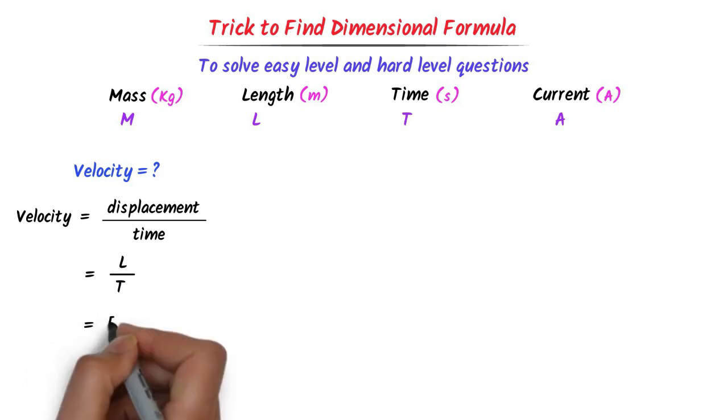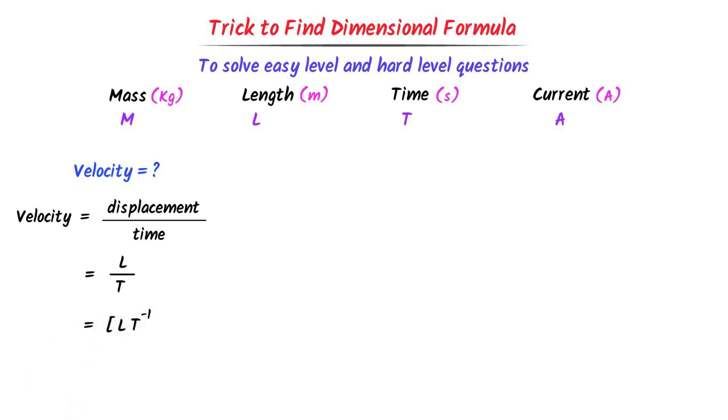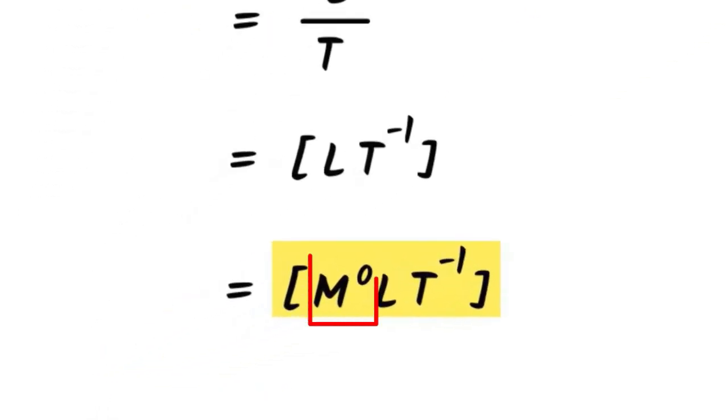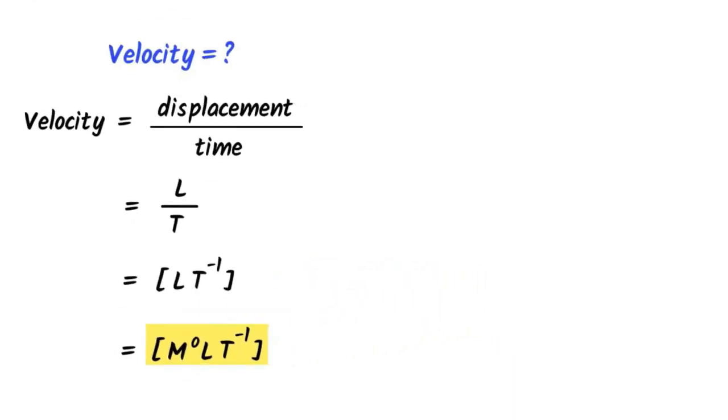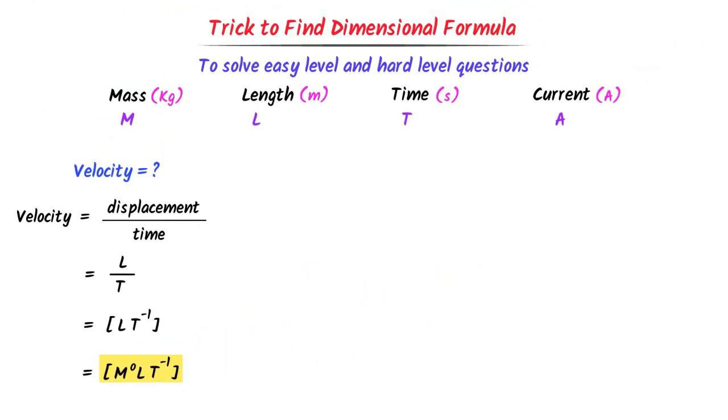I get [L T^-1], or I write [M^0 L T^-1]. Remember that this M^0 means that mass is not present in velocity. Hence the dimensional formula of velocity is M^0 L T^-1.